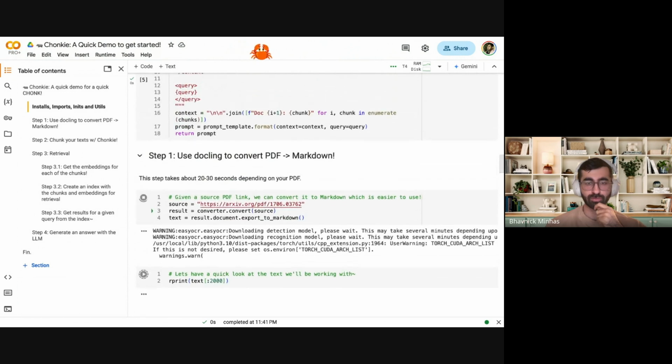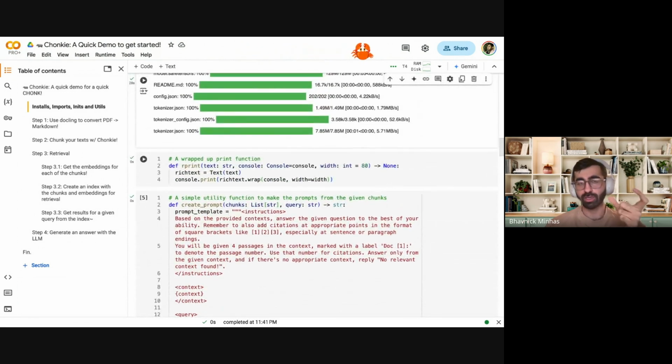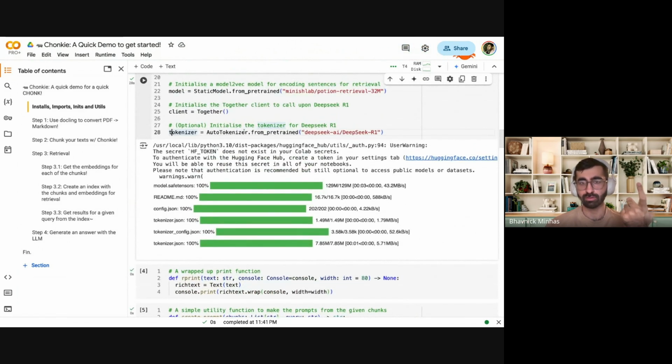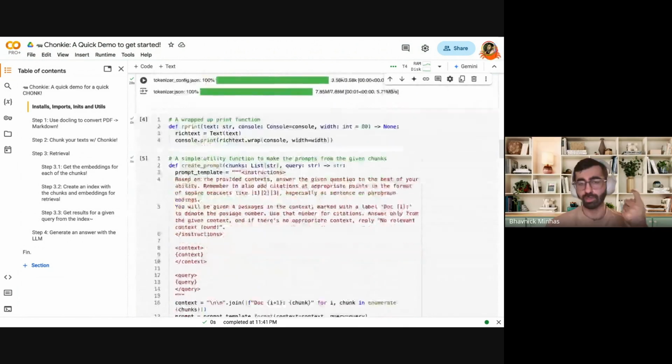For tokenizer, as in the DeepSeek tokenizer, this one? Yes, I just want to see where exactly you use it. Oh, okay.